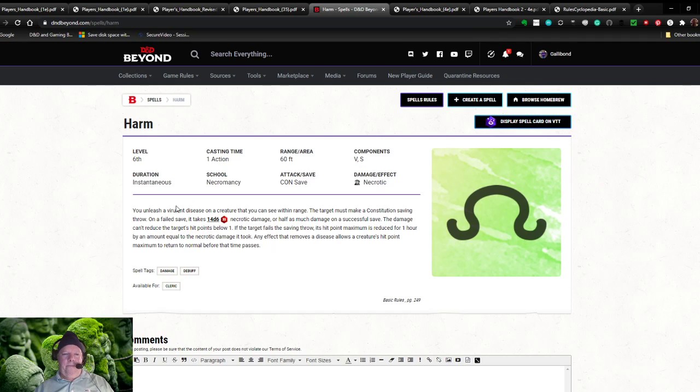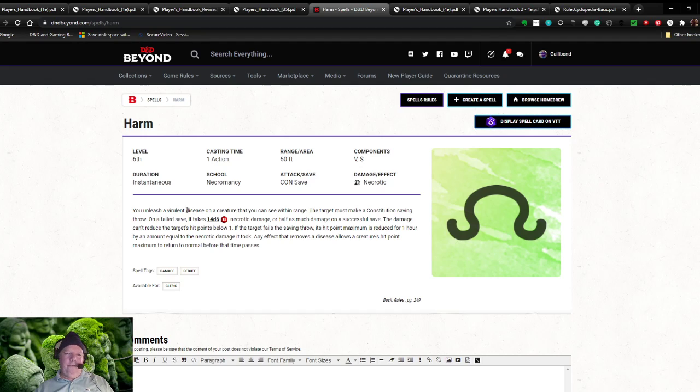Now, notice disease being important, necrotic being important. So, anything that resists or is immune to necrotic damage will resist or be immune to this. Anything that is immune to disease or resists disease will resist or be immune to this.